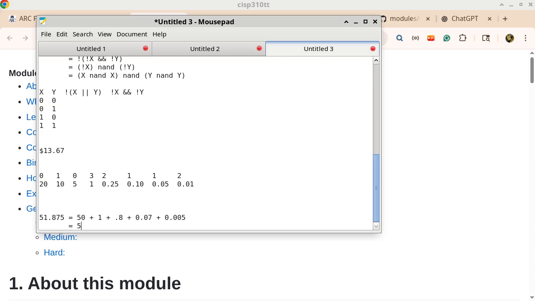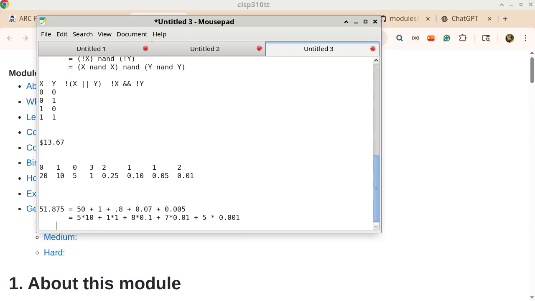So now I can rewrite this as 5 times 10 plus 1 times 1 plus 8 times 0.1 plus 7 times 0.01 plus 5 times 0.001. Okay, so I don't see where you're going.